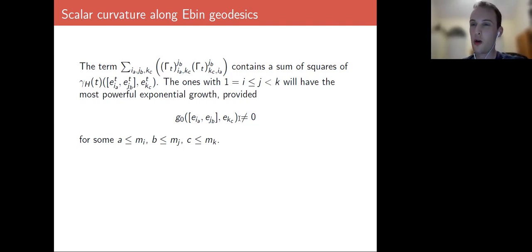In the cohomogeneity one setting, that's usually not what you do. Usually you use your diffeomorphism invariance to reparameterize your orbit space so that it's arc length. That's a slightly different thing to do with the diffeomorphisms than what we do here, so you would have to first reconcile that. So yeah, it would perhaps be interesting to pursue.